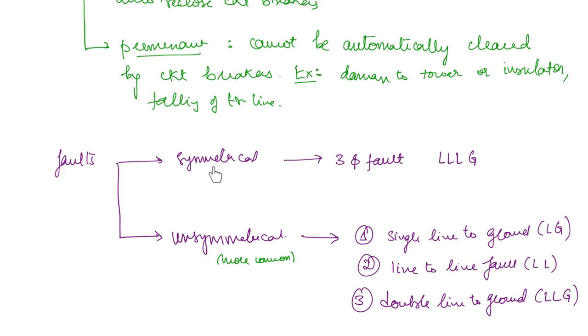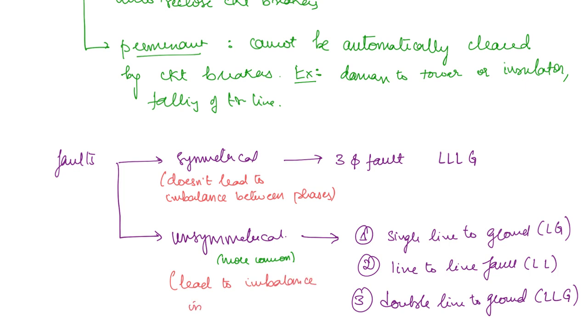But the symmetrical fault, even though it is less common, is the most serious kind of fault. Symmetrical fault does not lead to imbalance between the phases, whereas unsymmetrical faults lead to imbalance in phases.